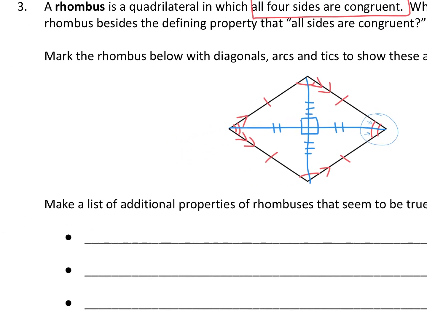So the very first one, what we did was opposite sides are parallel. We also know that opposite sides are congruent, and not just opposite sides, all sides.